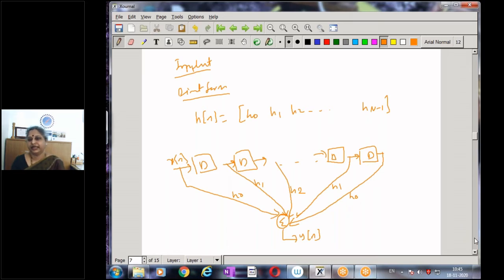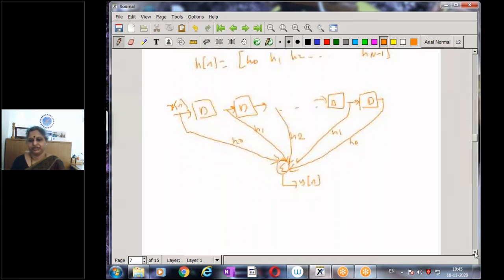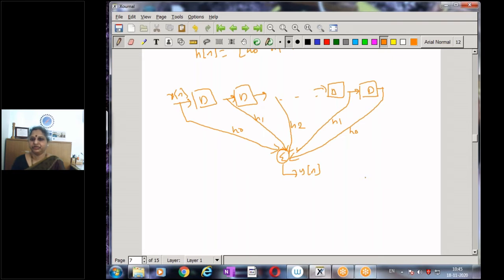So this is a direct form implementation, wherein we are going to have n minus 1 delay elements, and then we have adders and n multipliers in implementing this FIR filter.